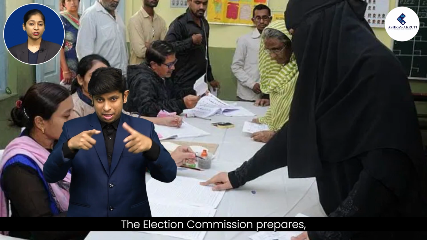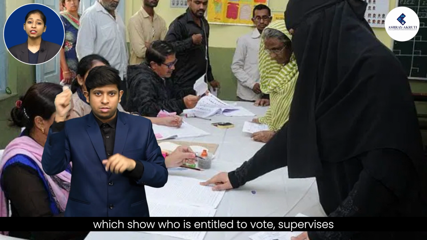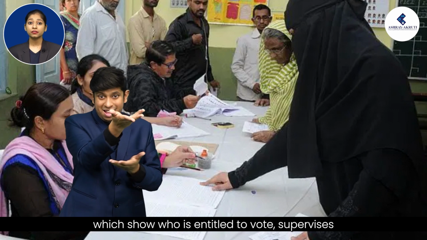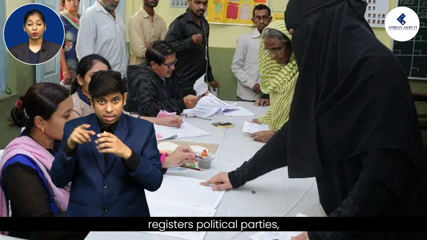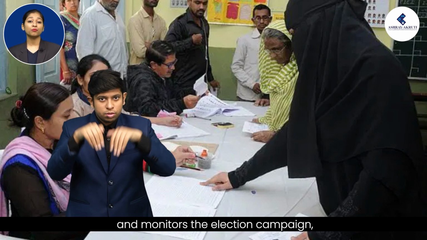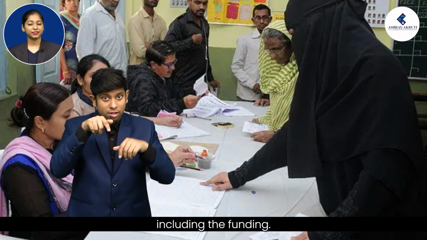The Election Commission prepares, maintains and periodically updates the electoral rolls which show who is entitled to vote, supervises the nomination of candidates, registers political parties and monitors the election campaign, including the funding.